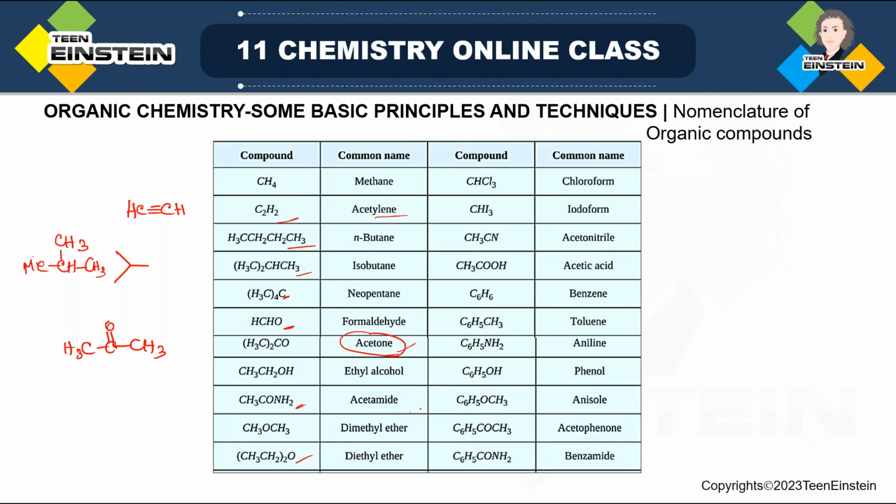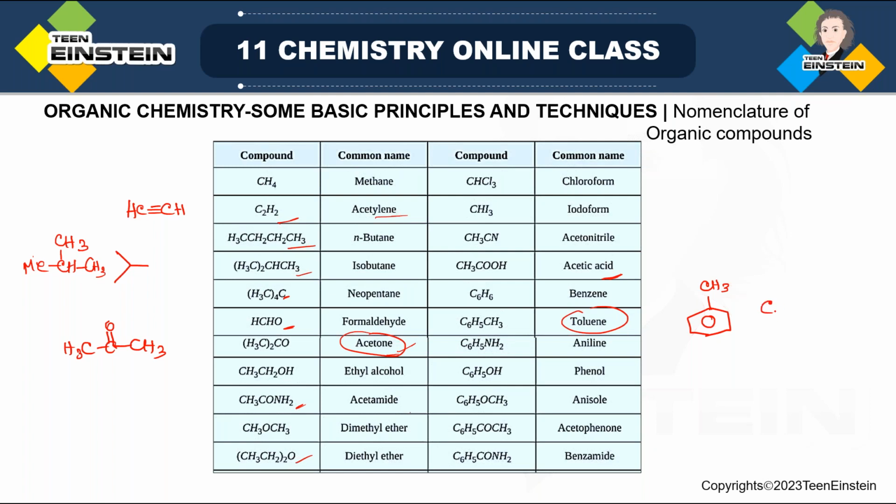Now some more examples where you will also find an aromatic ring. So see here, this we have just discussed in the previous slide, that is acetic acid. Then if you consider this one, it is toluene, C6H5CH3. This is actually benzene, and with that we have a CH3 group.